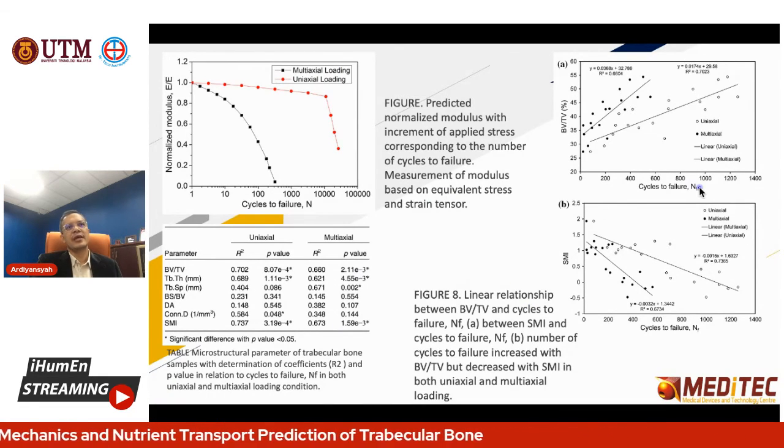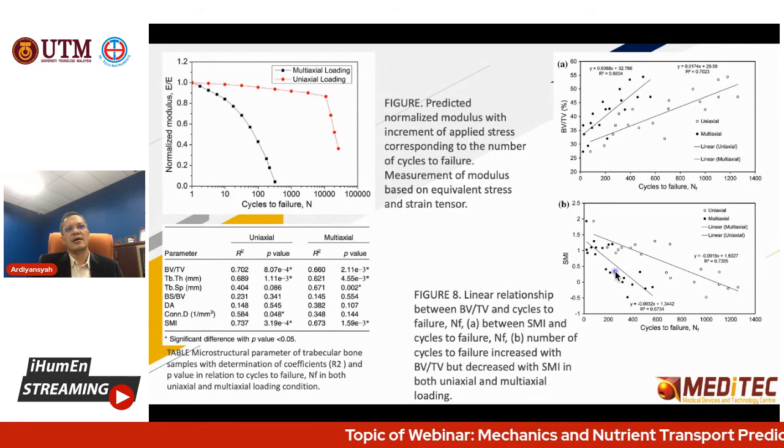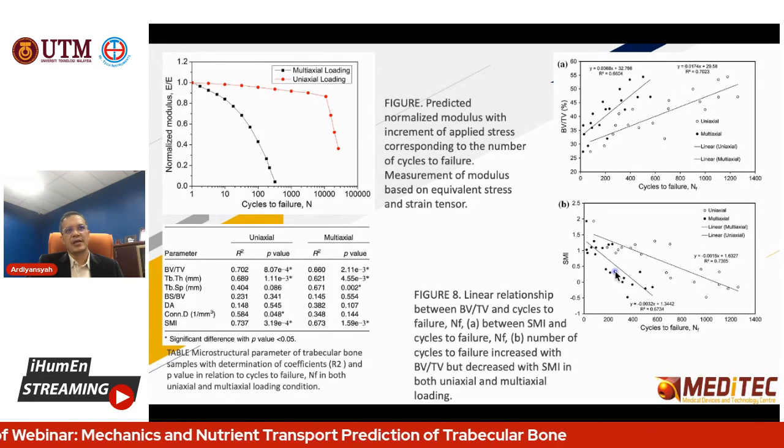Here we can also look at the correlation, which one is more correlated in terms of the number of cycles to failure, with the volume fraction and the SMI.